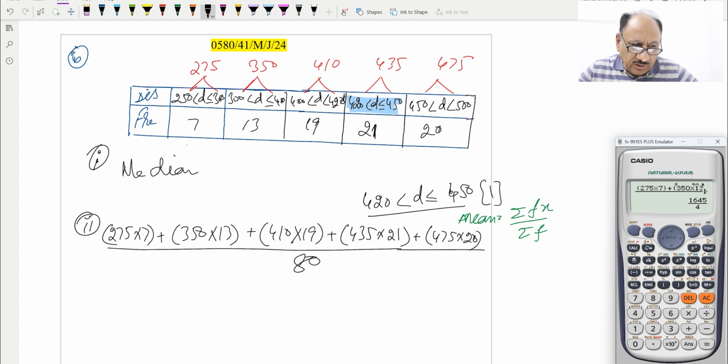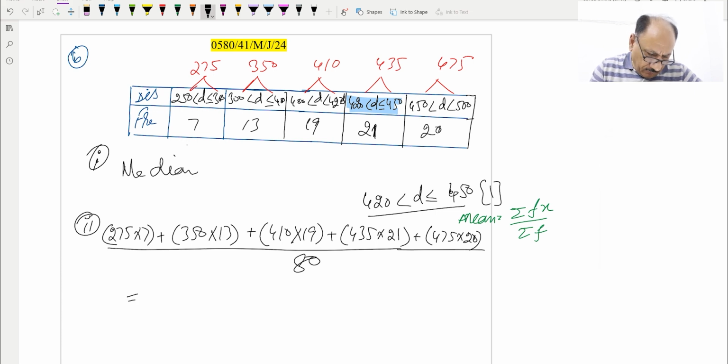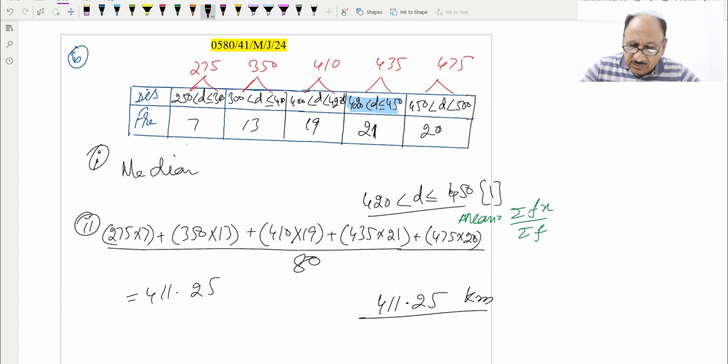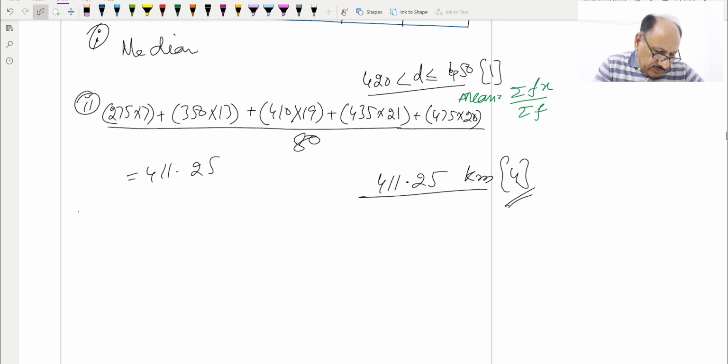This is giving us the decimal value 411.25. This is the mean, 411.25 kilometers, and this is the 4 marks part which we have done. Now the third part is the one which we have to solve.